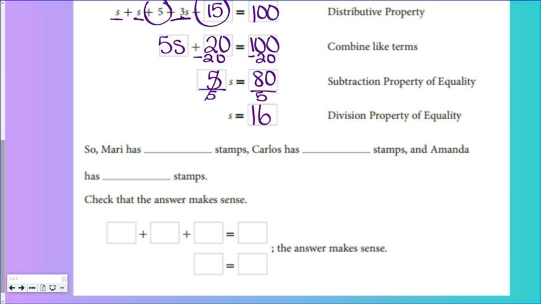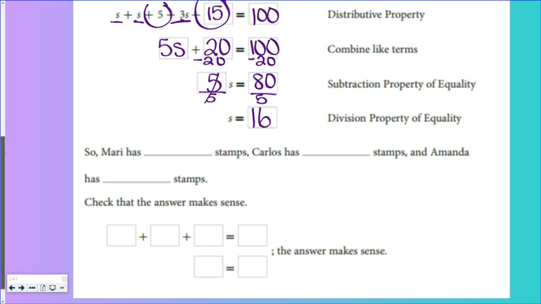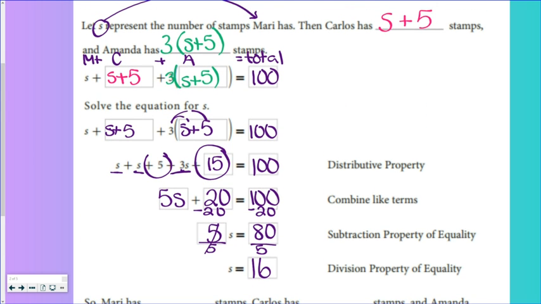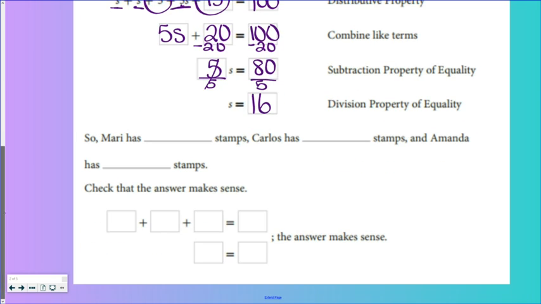So now that we know S equals 16, we have to remember who that belongs to. So if you go back to the beginning, you'll see we assigned S to be Mary. That means Mary has 16 stamps in her collection. Carlos was S plus 5.